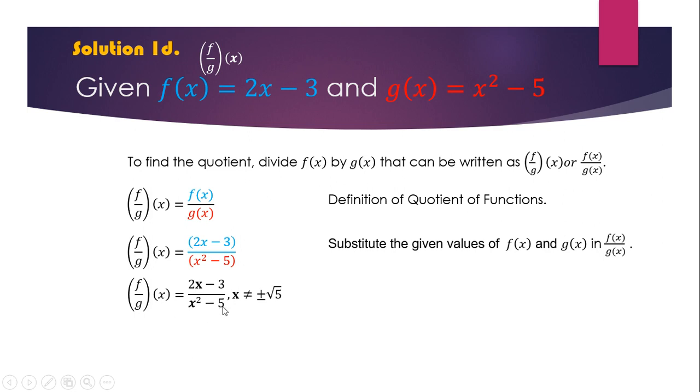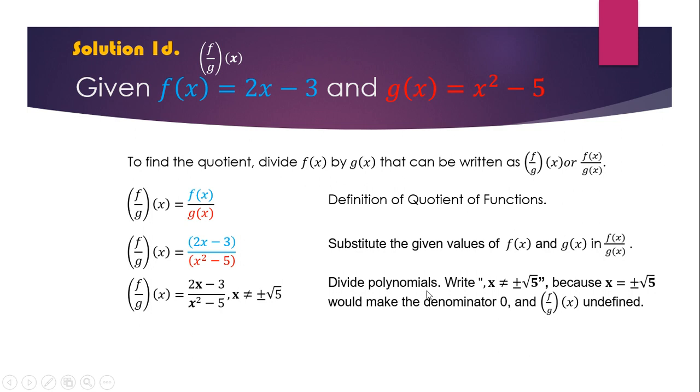So it is the final answer, but the denominator should not be equal to zero. Since there's x in the denominator, we're going to exclude the values of x which are positive and negative square root of 5.